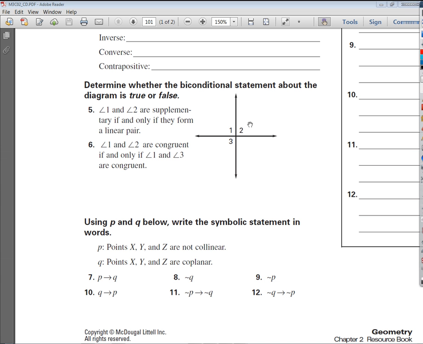Wouldn't you agree that if I took this whole thing and reflected it around a line, I could switch the 2 and the 3, right? Should that make any difference if I take a picture and reflect it in some way? Should that fundamentally impact the relationships between the angles? Shouldn't, should it? So that's why I say it's symmetrical.